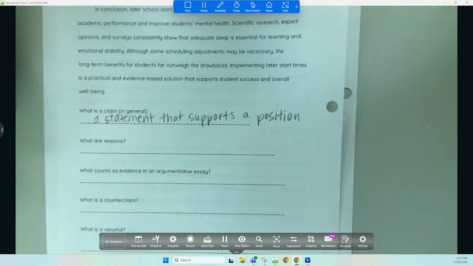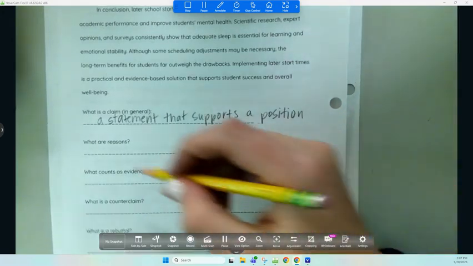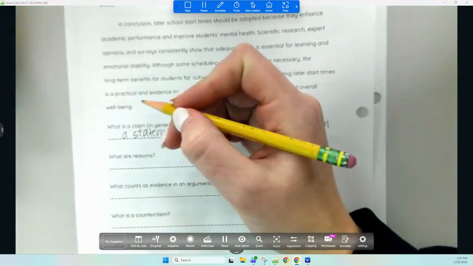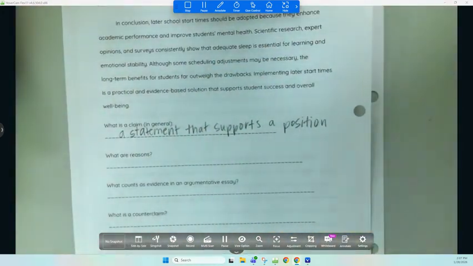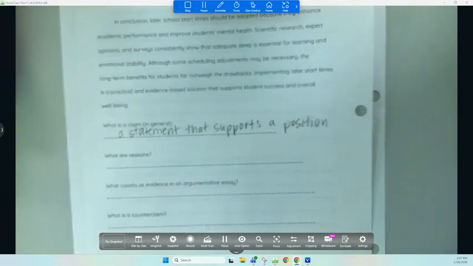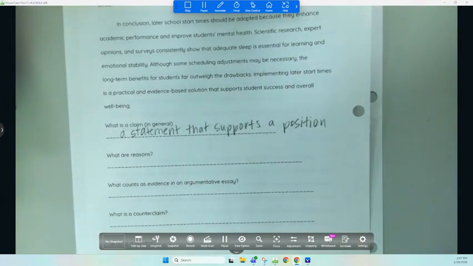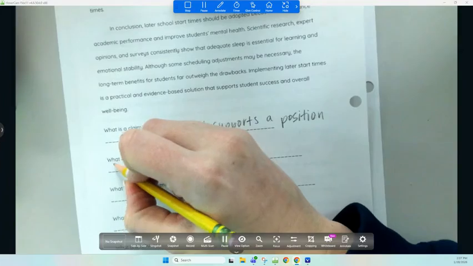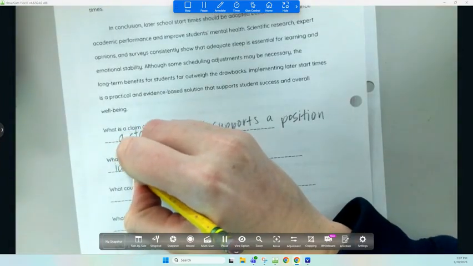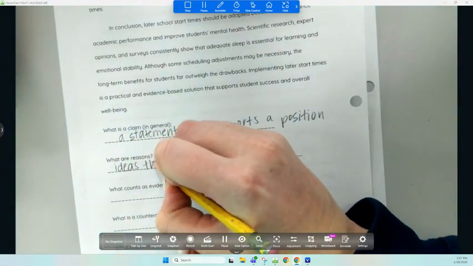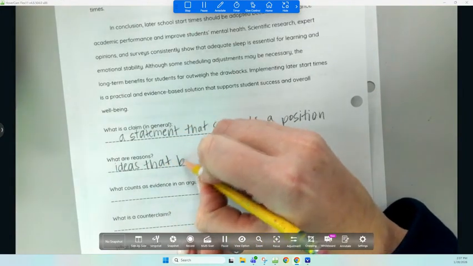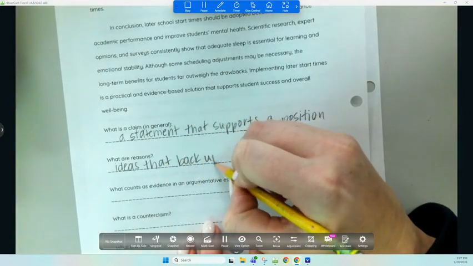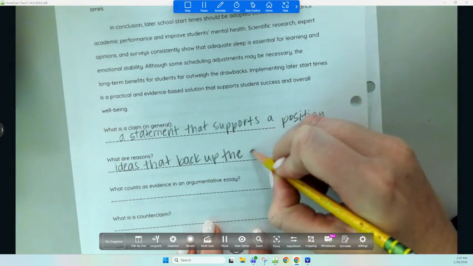So then the next thing, what are reasons? Let's think about it like, homework should be banned. What is the reason that homework should be banned? It's just ideas that back up the claim.